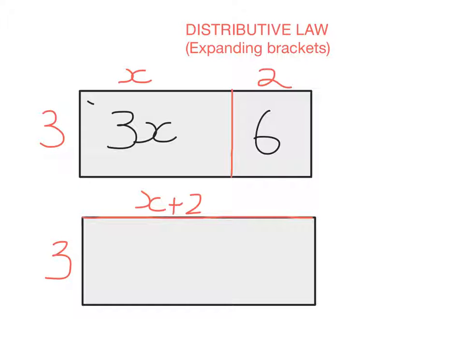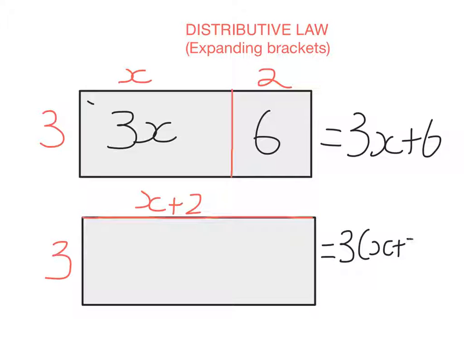So the area of this big rectangle is 3X plus 6, I can just add the 2 smaller areas together. The area of the rectangle down the bottom is just length times width. Because these 2 are the same size rectangle, these things must be equal. 3X plus 6 must equal 3 outside of X plus 2.